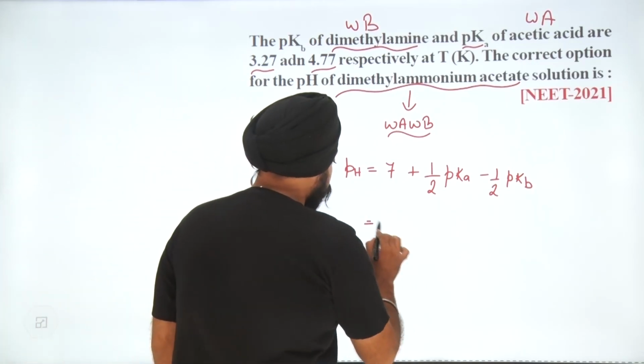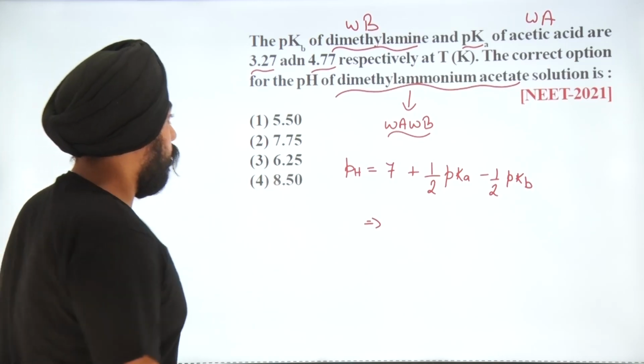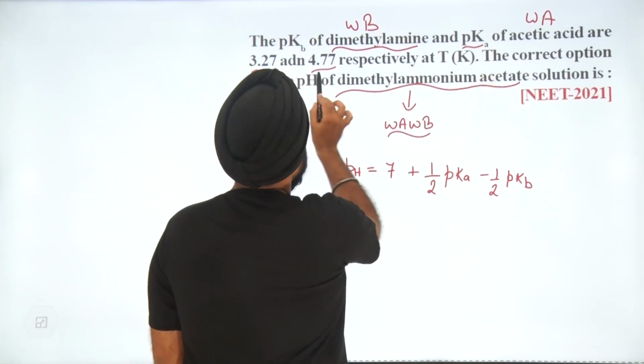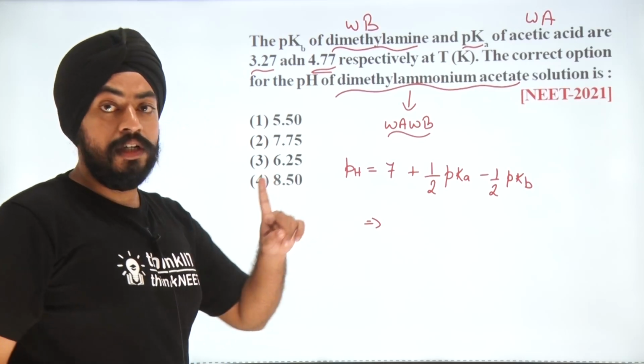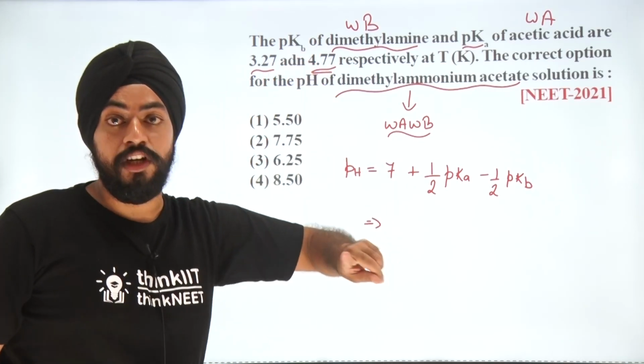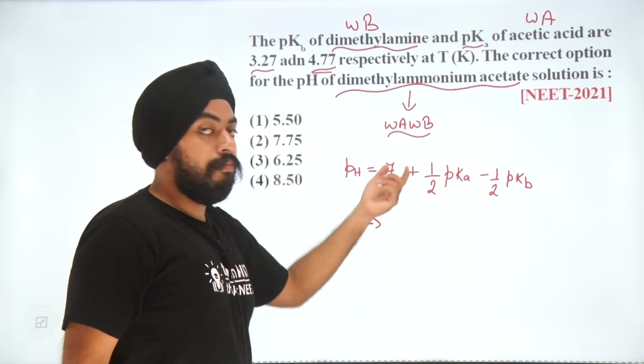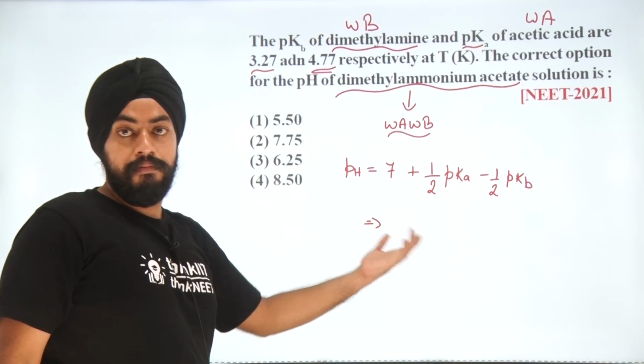Let's have a look at the values that have been given to us. The pKa value is 4.77. Many students might make a mistake because in this particular case pKb is given before pKa, but in the formula pKa comes before pKb.